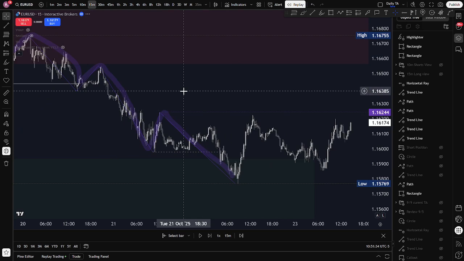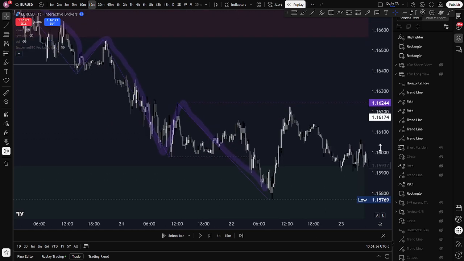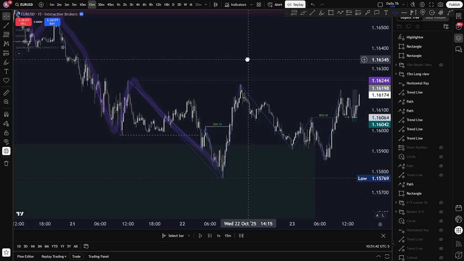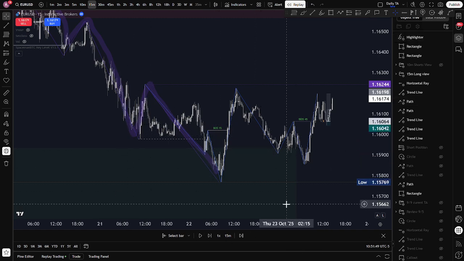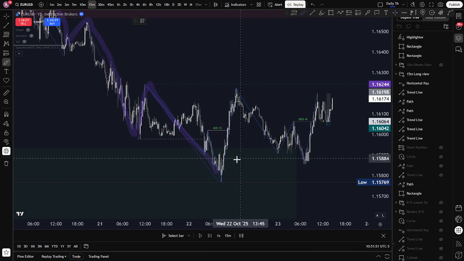There's a 15-minute boss that happens right here. Let me highlight this. So there's a 15-minute boss that happens in this downtrend, and it comes from that 12-hour demand zone. So I saw it as important. So just to highlight that to make sure you can see it, there's this here.